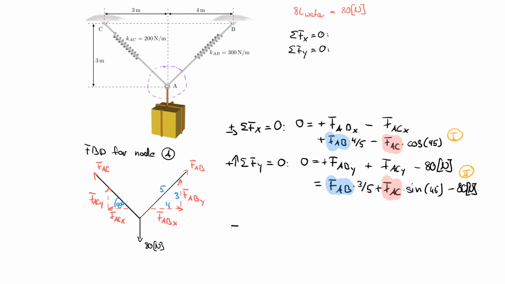I will tell you that FAB in this case comes out to be 57.14 Newton, and FAC turns out to be 64.65.